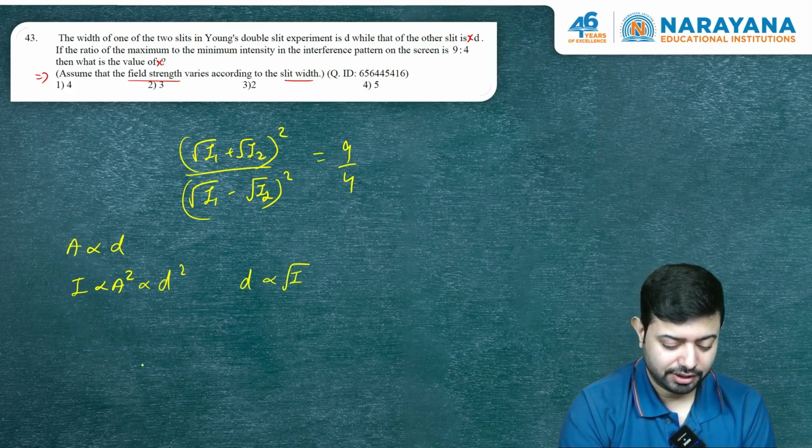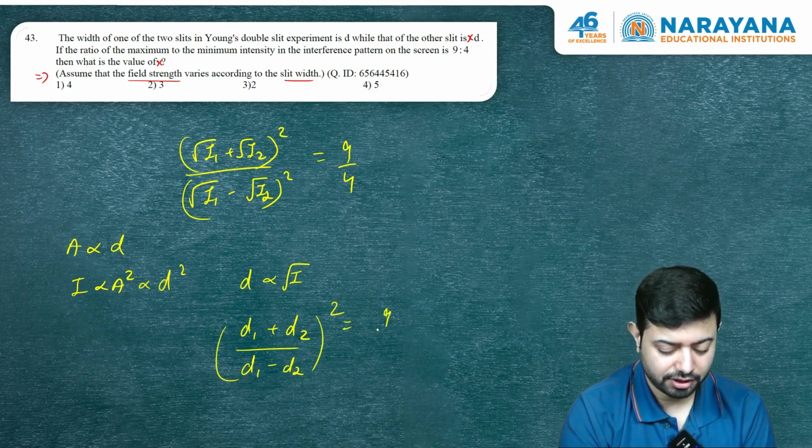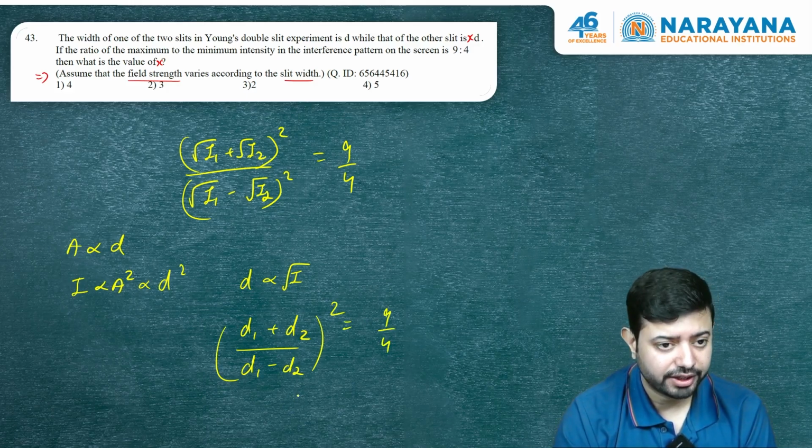So, very simple, I can write down root I1 as d1 and root I2 as d2, so d1 plus d2 divided by d1 minus d2, its whole square, is 9/4. What is d1? It is actually d, and what is d2? xd.